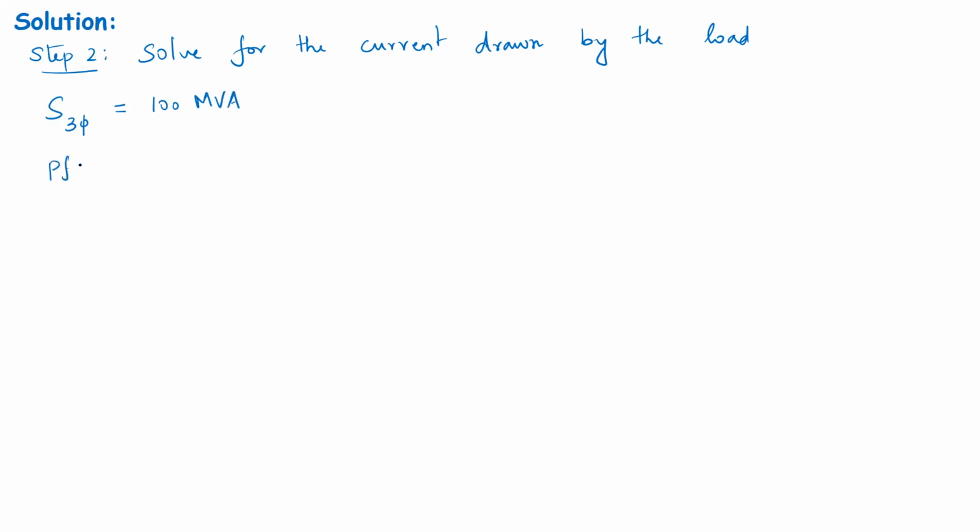Power factor is 0.8, and it is a leading power factor. From these two pieces of information, we can calculate the real power P three phase, which is 100 MVA into 0.8, which is 80 megawatts.